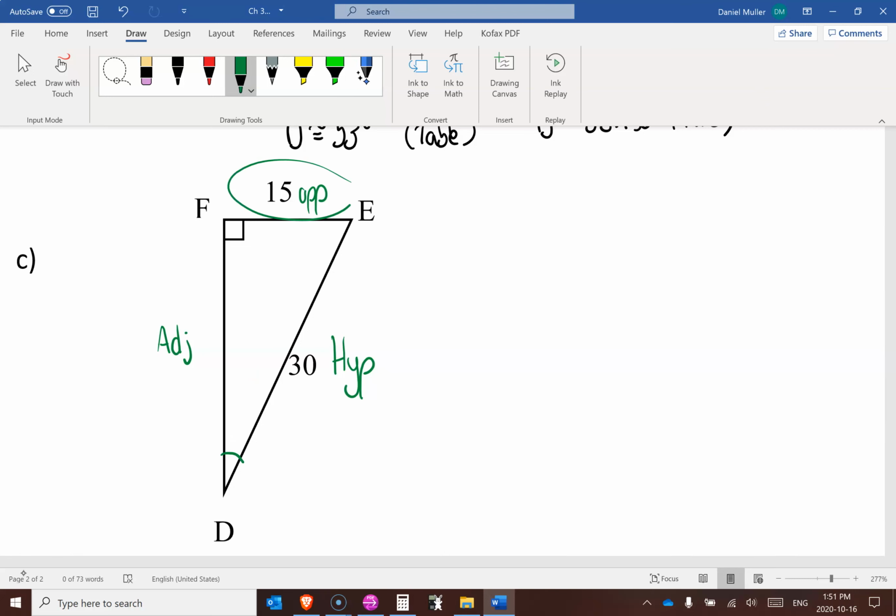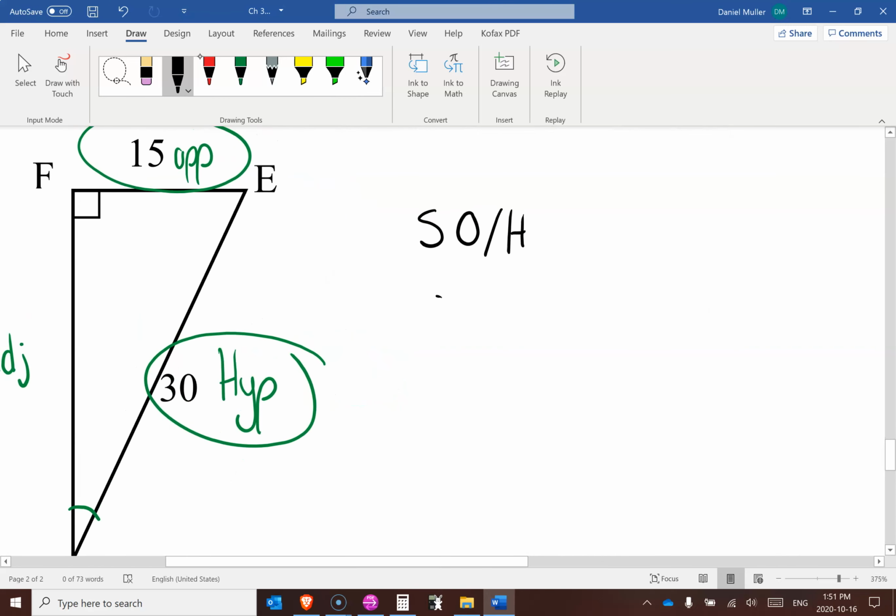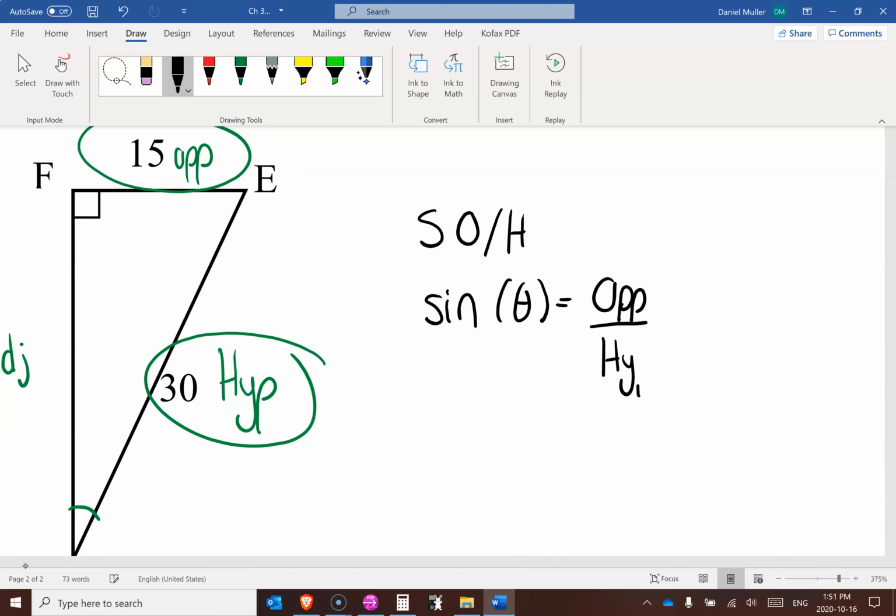So I have information about opposite, and I have information about the hypotenuse. O and H. That is sine. So that formula is sine of some angle equals O, opposite, over H, hypotenuse.